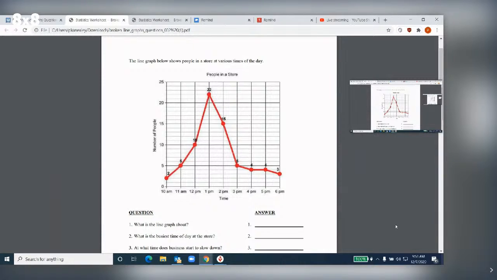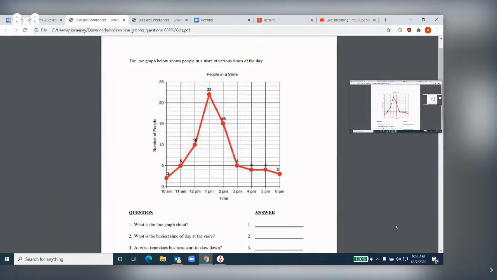So, if you look up at this graph, two things you want to see: the title, it says people in the store, and then you want to look at the X and Y axis. Going up, it shows the number of people in the store, and on the bottom, it's the time people are in the store.